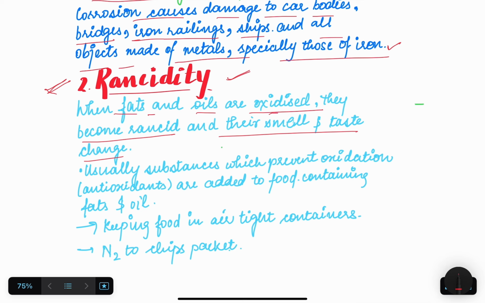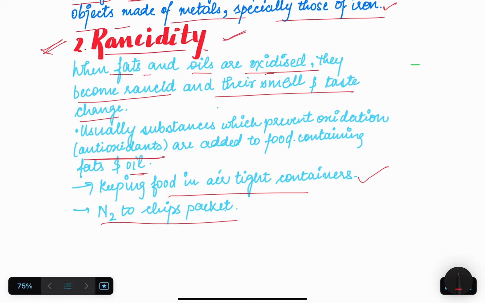And to protect these substances, fatty or oil containing substances, usually we add antioxidants. Keeping food in airtight containers can also prevent rancidity. Nitrogen added into chips packets also prevents rancidity. You might have heard that these packets contain nitrogen. This is only to preserve them or to protect them from rancidity.